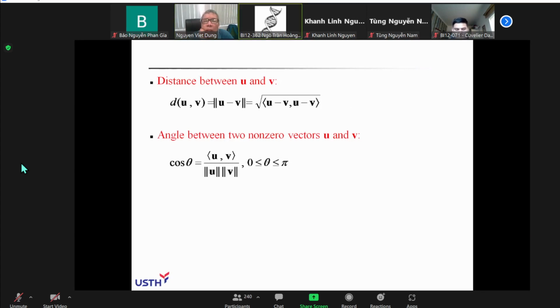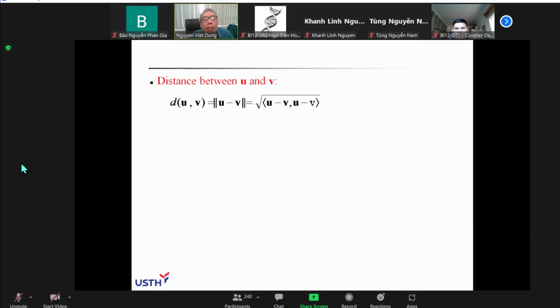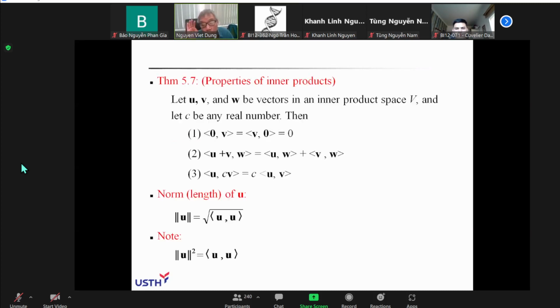But what happens, because that function can take a negative value? Okay, however, you should be careful, because here we take the square root of the inner product, but now you have only U minus V and U minus V. And axiom number 4 in the definition of inner product requires that the formula under the square root here is always non-negative.